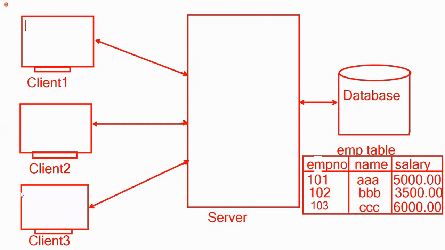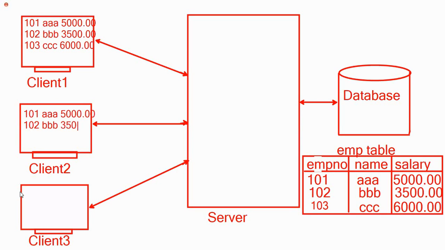So this is the result set here. Employee number 101, Triple A, 5,000. Employee number 102, Triple B, 3,500. 103, Triple C, 6,000. Okay.